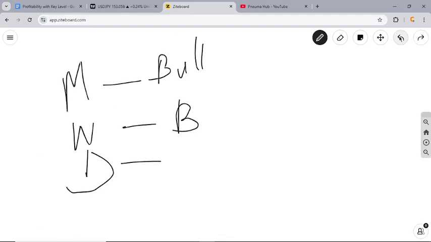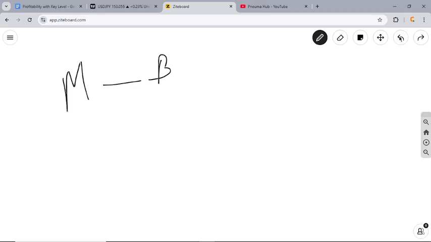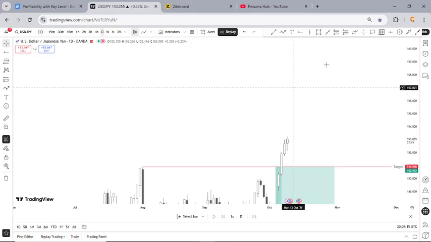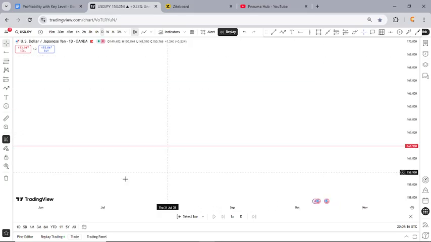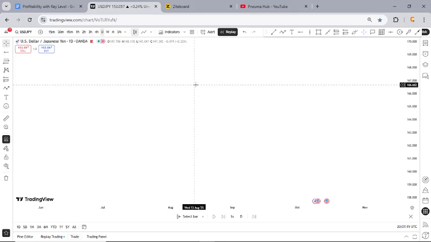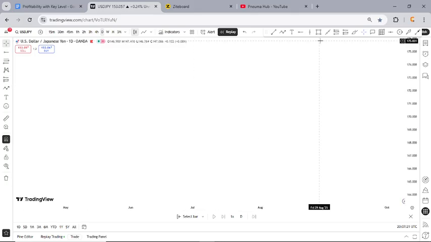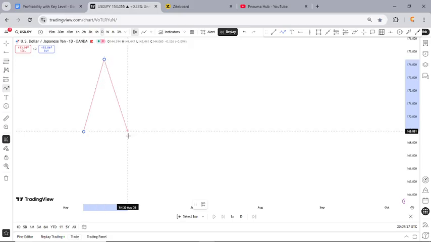Now let me show you something, a kind of advanced market structure. Let's say we have, let me clear, I want to use TradingView for this. This is the weekly time frame, right?